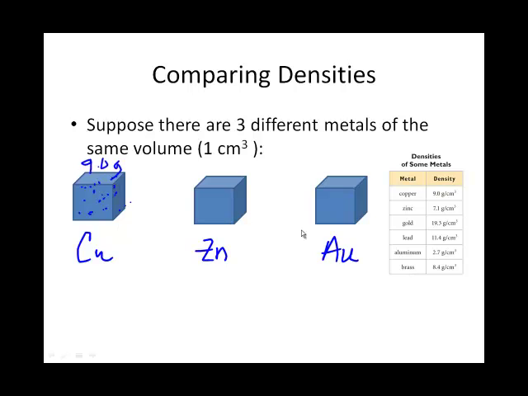However, for zinc, as you can tell by the table here, you have less stuff, so to speak. And so that one comes out to be about 7.1 grams in mass. However, gold, notice 19.3 grams per cubic centimeter.